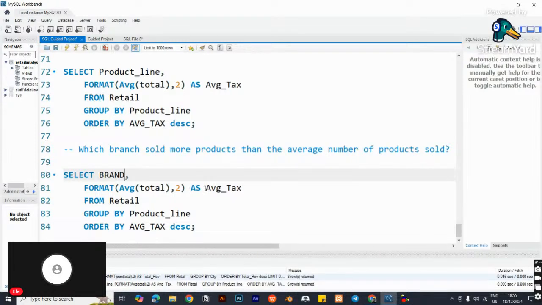You can call this total quantity. Okay, from retail branch, changes to branch. So this is how you do it, and you can see this as total quantity.